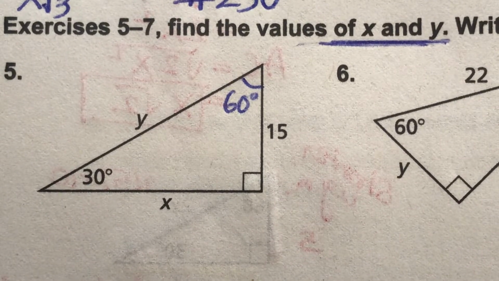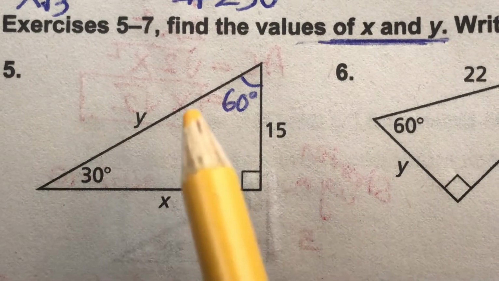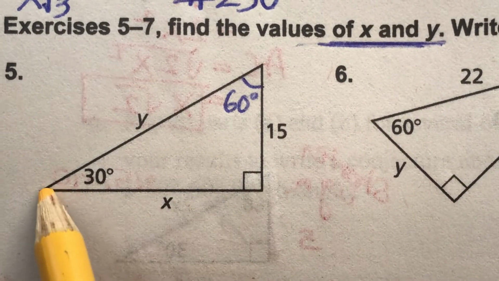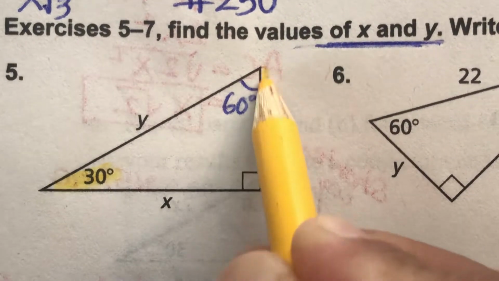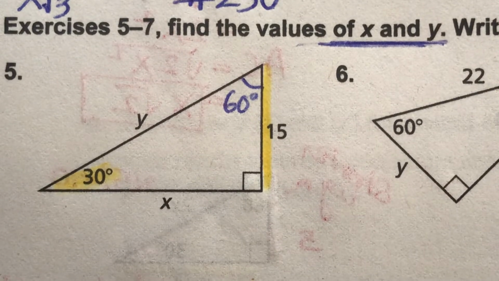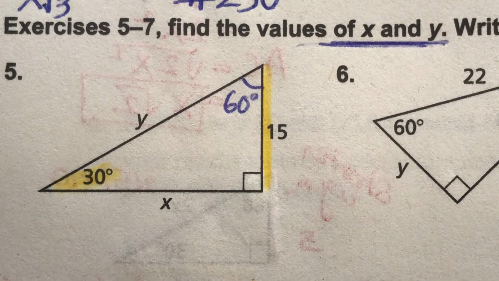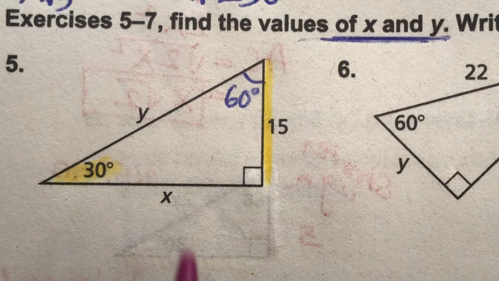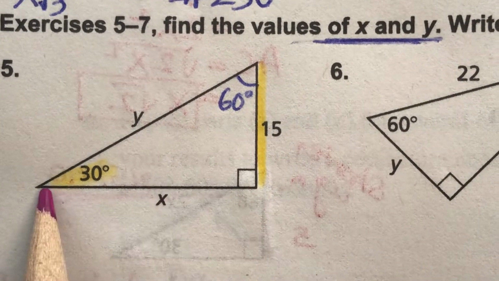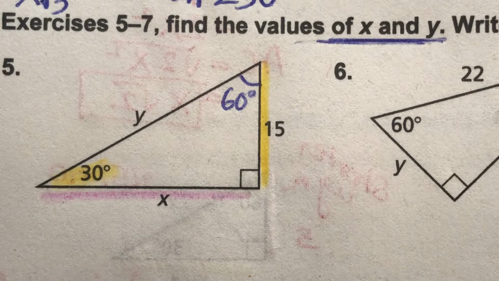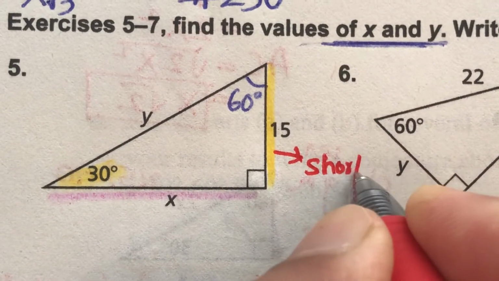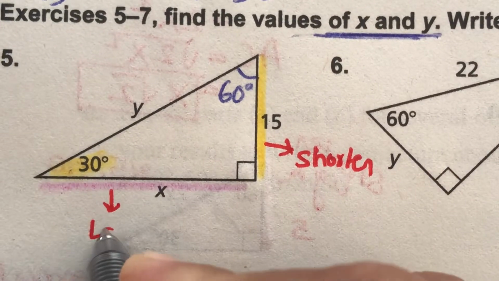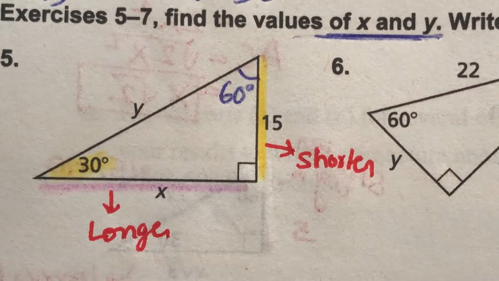We already identified the triangle is 30-60-90, so I have to find the leg opposite the 30 degree angle, that's our shorter leg, and by eyeballing we can tell. The longer one is opposite the 60, this is the longer leg, and the other one is the hypotenuse.